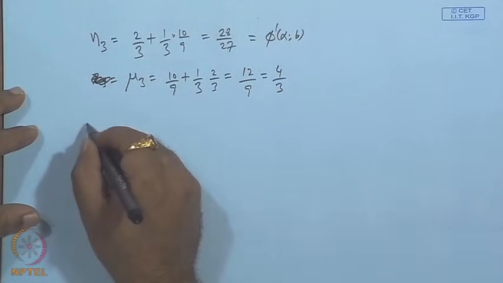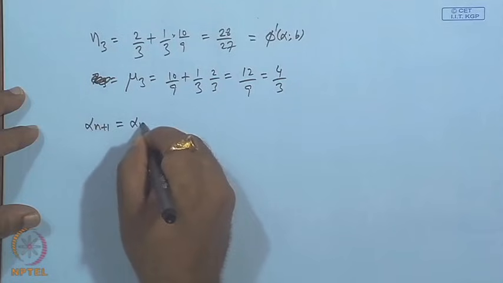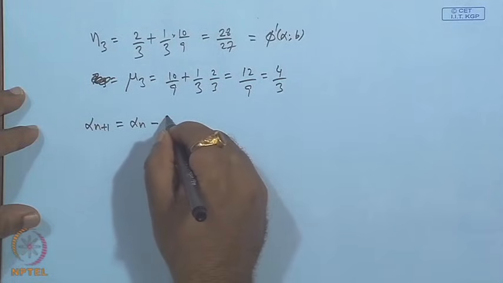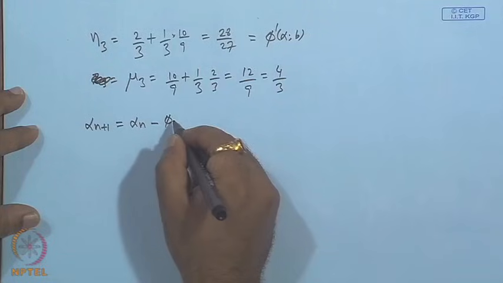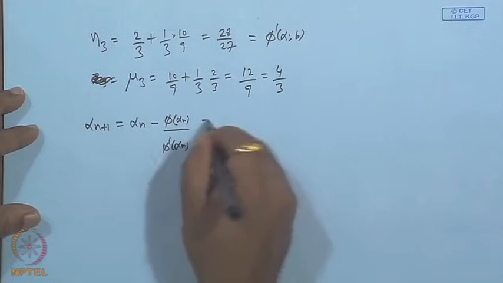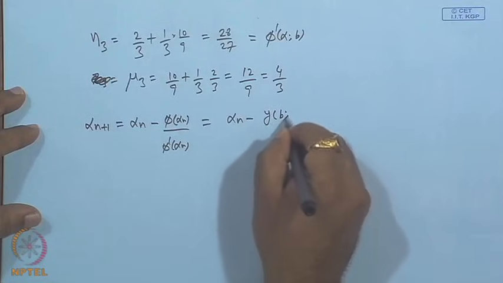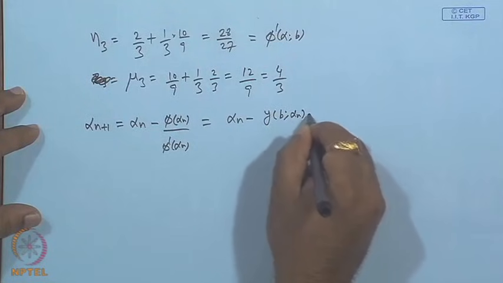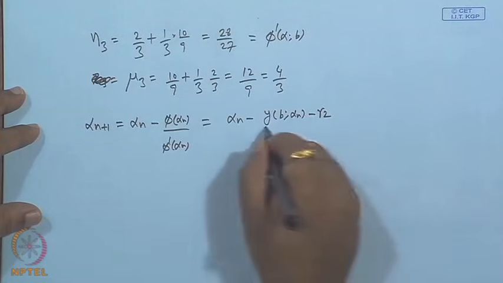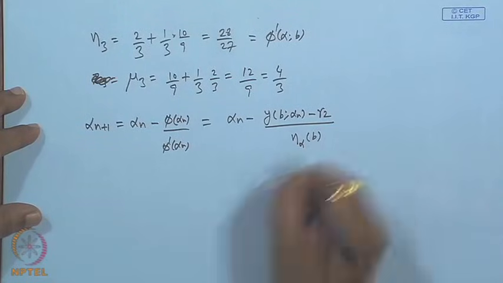So, therefore, we can obtain phi of alpha n: alpha n minus y of b using alpha n minus gamma 2, divided by eta.